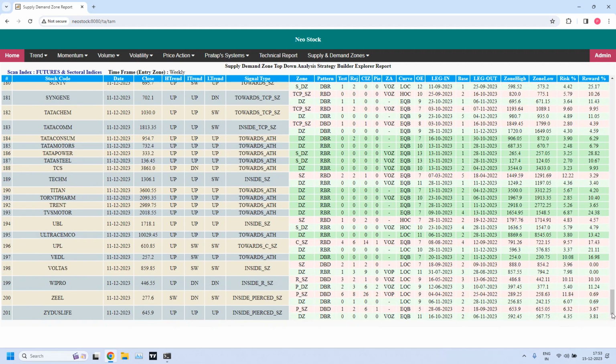So this is the complete list of the stocks having all the weekly demand and supply zones. Now we will shift to the daily time frame.